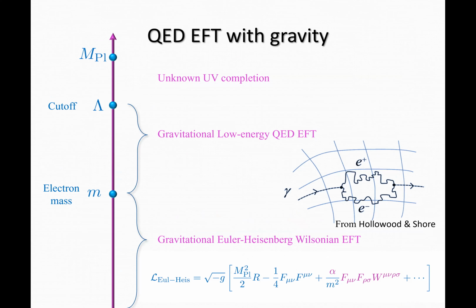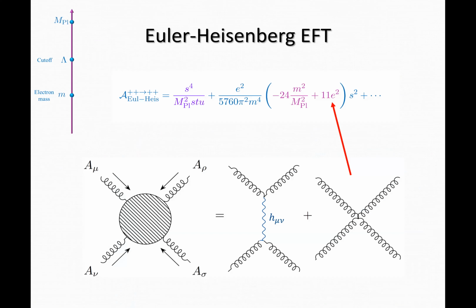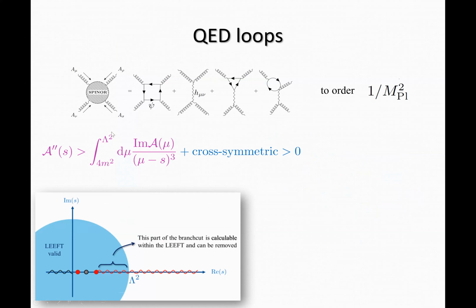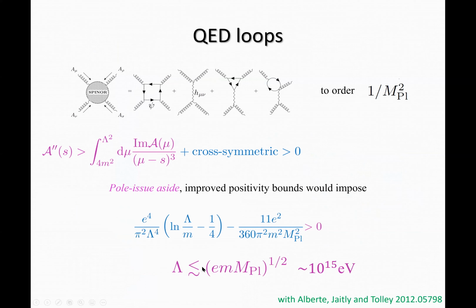But this argument we have here is, I would say, much more powerful, because we are completely agnostic on the type of operators that would come in and save the day. This is really telling you up to when you can trust this computation of the low energy loops. As soon as the cutoff is larger, you would violate this bound.